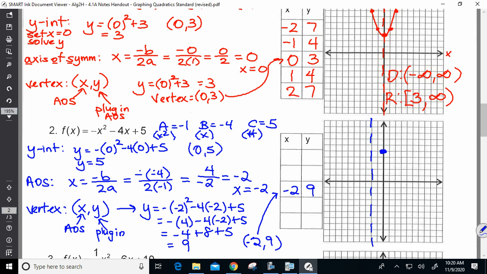If you mess up the order of operations, you will mess up the vertex. And of course, the vertex is always the middle of your table. Questions before we continue?